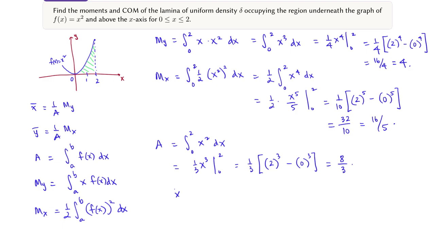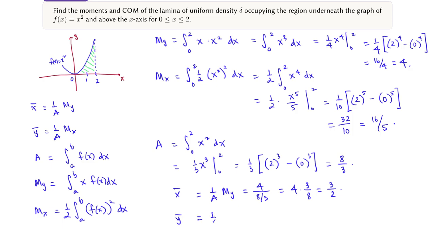And so x bar equals 1 over A times the moment about the y-axis. The moment about the y-axis is 4, and A is 8 over 3. And so this is 4 times 3 over 8, which is 12 over 8. 12 over 8 is 3 over 2.